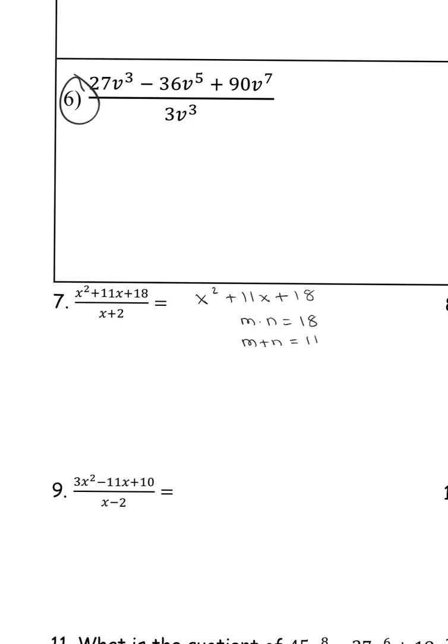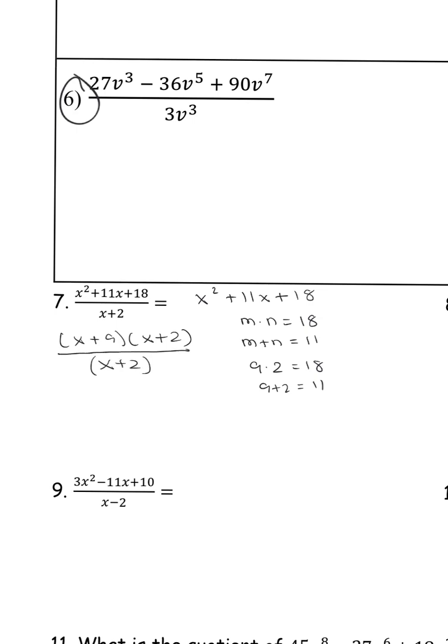All right, and we know that those 2 numbers are 9 and 2 because when we multiply them, we get 18. When we add 9 and 2, we get 11. All right, so now since we're factoring using basic trinomials, we have x plus 9, x plus 2. So that's going to replace our trinomial in our numerator, and we're going to divide it by x plus 2.